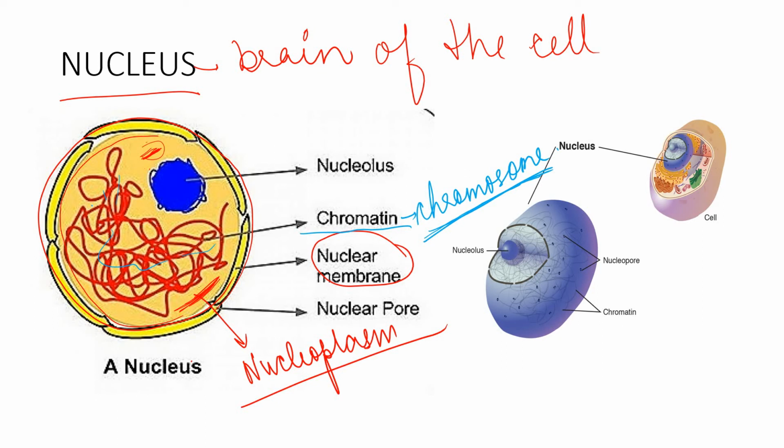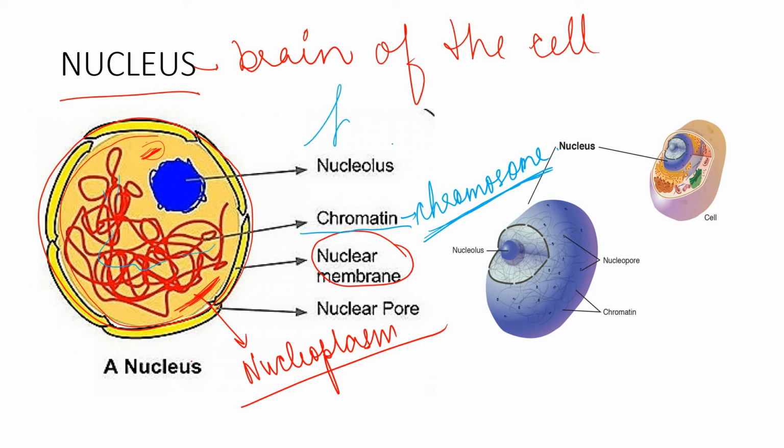So in these thread-like structures, do you know, there is information about us. Many people tell you, oh, you look like your mother, oh, you look like your father, no, you look like your grandfather. In this way, resemblance is there. Now see, how does this resemblance come to you?